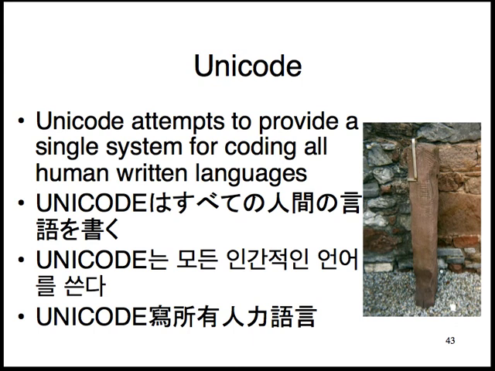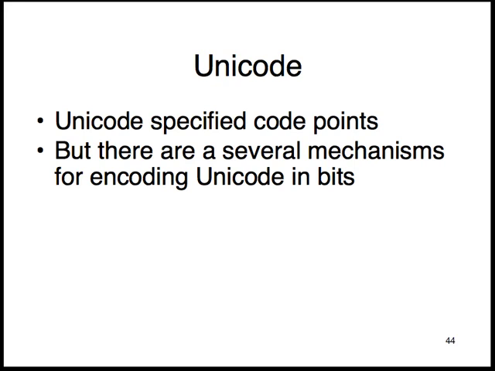So Unicode specifies what are called code points. And there is a subtle distinction between the code points and the bit sequences. So uppercase A will have the code point 65 in Unicode, and lowercase a will have the code point 97 in Unicode, which is fair enough.